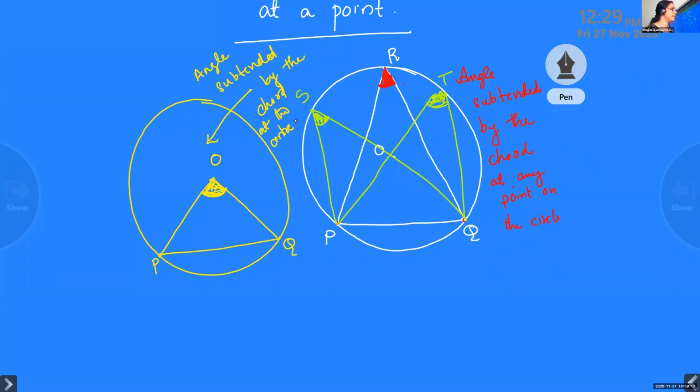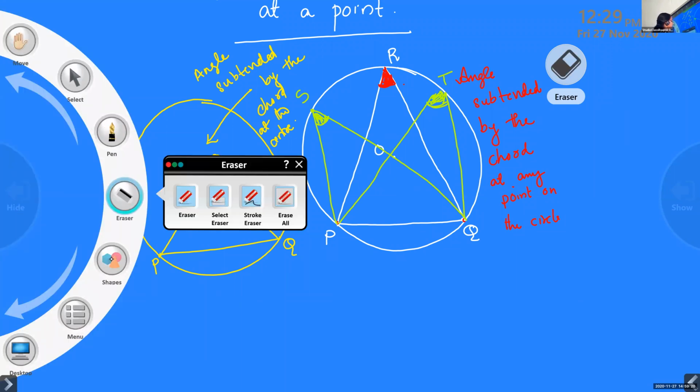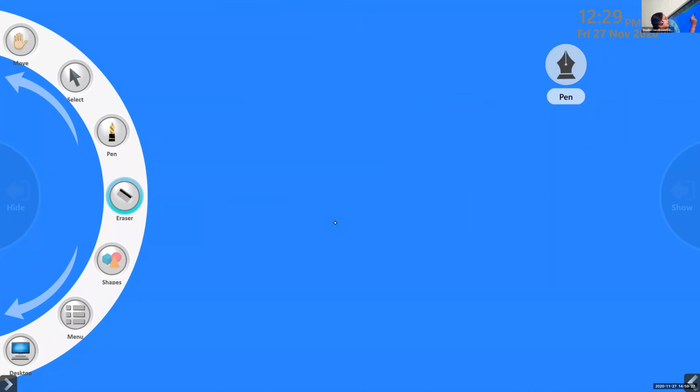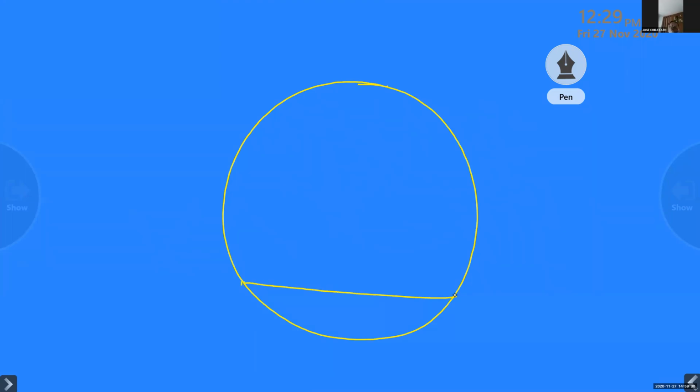Did you understand, children? Yes, ma'am. Okay, one minute, children. I'll draw it properly. So this is our circle, and there is a chord. The chord's name is PQ.